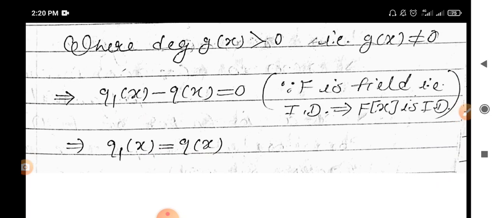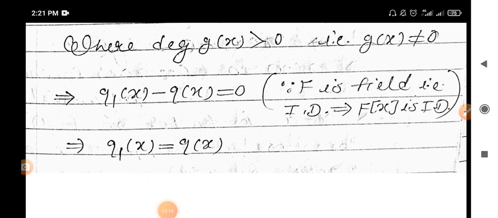Therefore, for two polynomials f and g in F[x], there is a unique q(x), that is the quotient, and r(x), the remainder, such that f(x) is equal to g(x) into q(x) plus r(x), where r(x) is either 0 or the degree of r(x) is less than the degree of g(x).